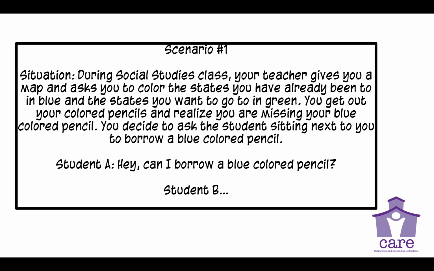And you, playing student B, are going to react by saying, no, these are mine. I don't want you to use my blue colored pencil. And even if student A tries to convince you to let them use the pencil, you're going to continue to say no. And then go ahead and stop the scenario and have students try and identify the perspective of student A, which is going to be played by one of your students, and then student B, which is played by yourself.